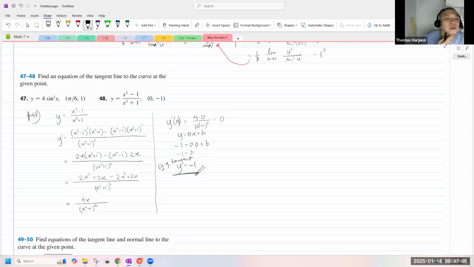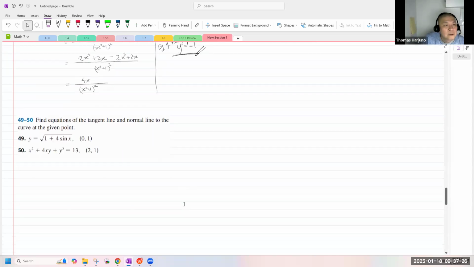I didn't expect that. Let me check, just in case I made a mistake. I don't think so, but yeah, I think I'm okay. The fact that the slope is 0 is just like, wow, too nice. That's for number 48.